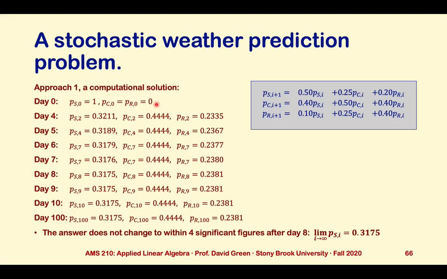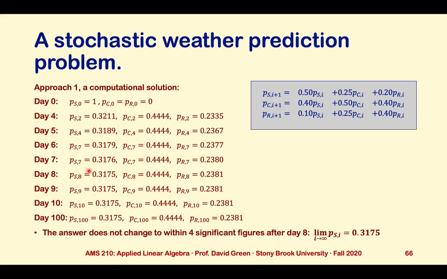And it turns out that we've completed the day 4 numbers. We already had the day 1, 2, and 3 numbers from this starting state. Day 5 looks very similar to day 4, but it is still changing. Day 6, again, looks similar to day 5, but still changing a bit. Day 7, day 8. By the time you get to day 9, the answer isn't changing to within 4 significant figures.